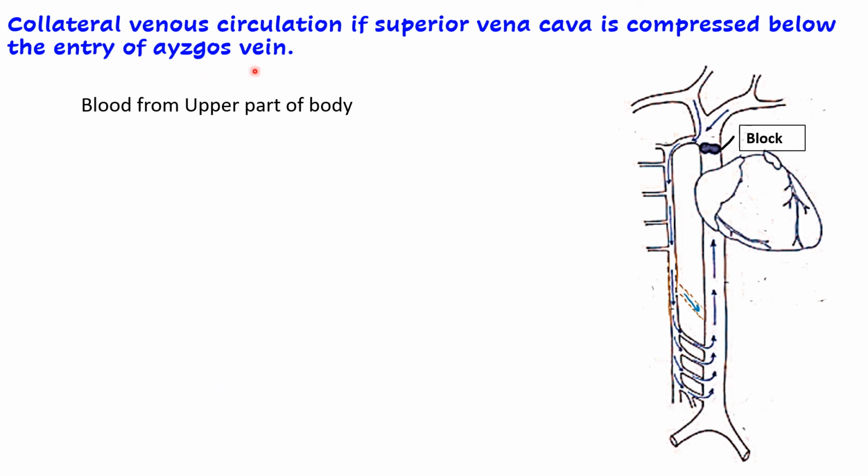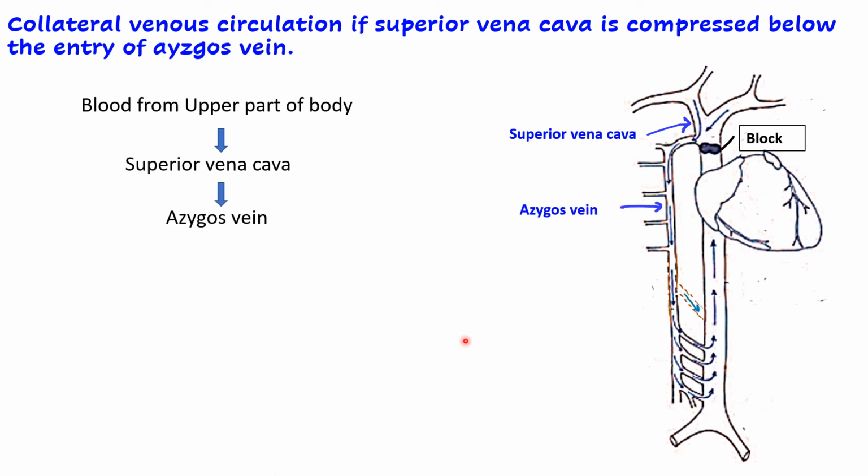Now, the second condition could be that the superior vena cava is compressed below the entry of the azygos vein. So here we can see the block is now here, after the entry of the azygos vein. So let us see now how the blood from the upper part of the body is going to reach the right atrium. Here the blood comes from the upper part, that is from the upper limb, head and neck region, via the brachiocephalic veins to the superior vena cava, and from the superior vena cava the blood will go into the azygos vein.